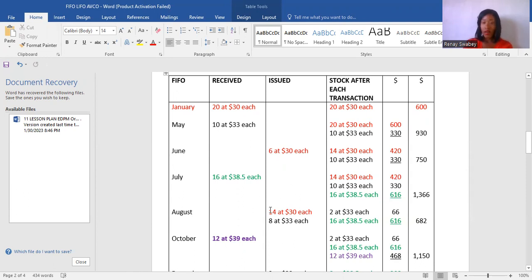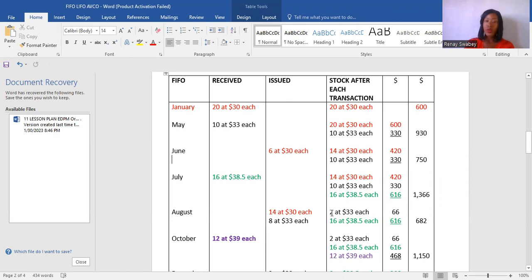However, in August, we sold 8 of the 10 goods we purchased in May. So 10 minus 8 leaves 2 items. And the cost that we're selling 1 item for is $33 each.